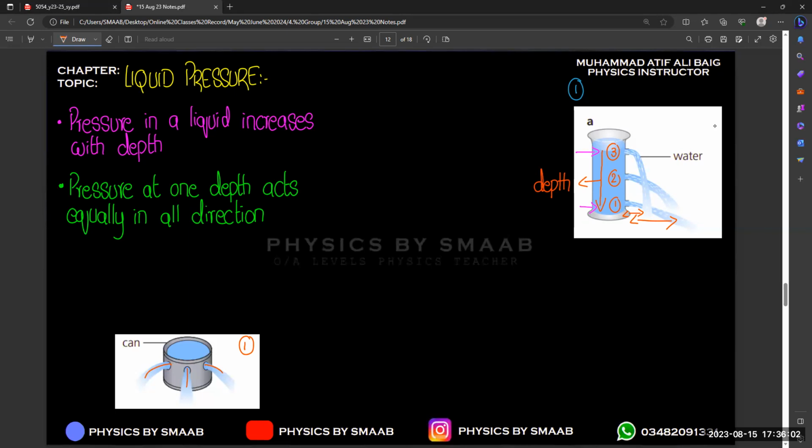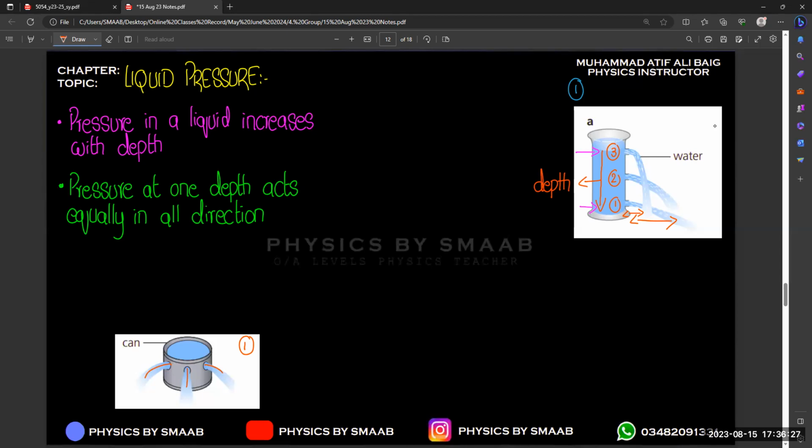Because whenever we are going into the depth, you can observe that more molecules of water are on your upper surface, right? When we are at the top level of the water, the molecules of the water are at the bottom. So the more you go into the depth, the more molecules of liquid apply force on your body, right?